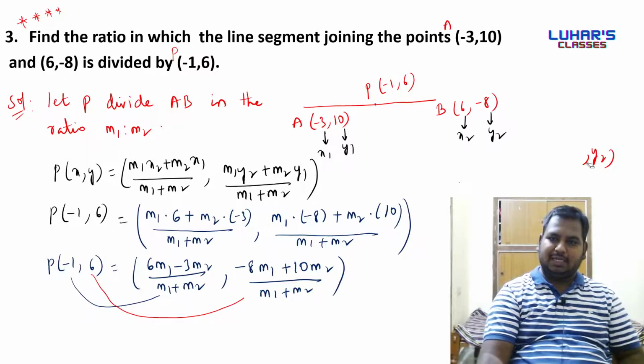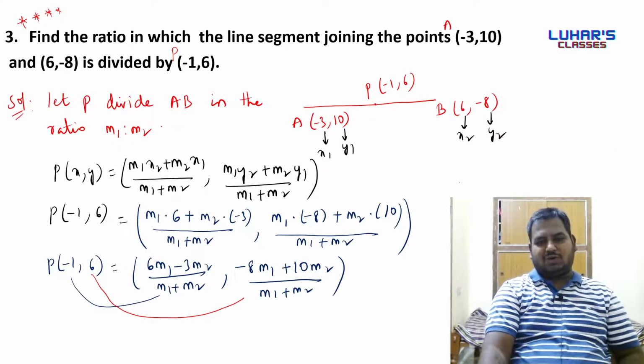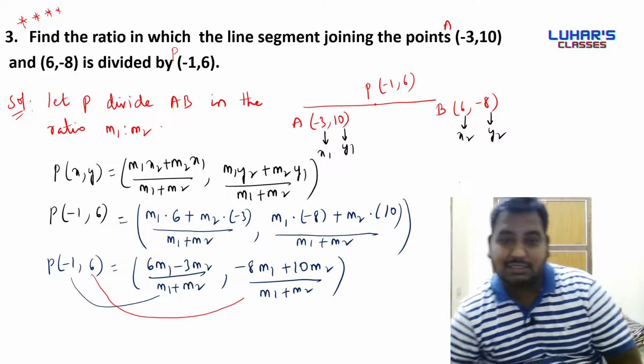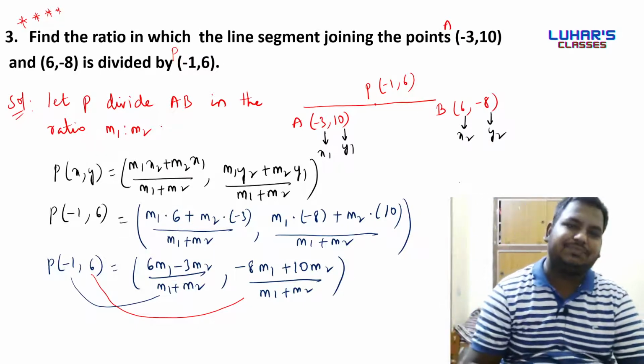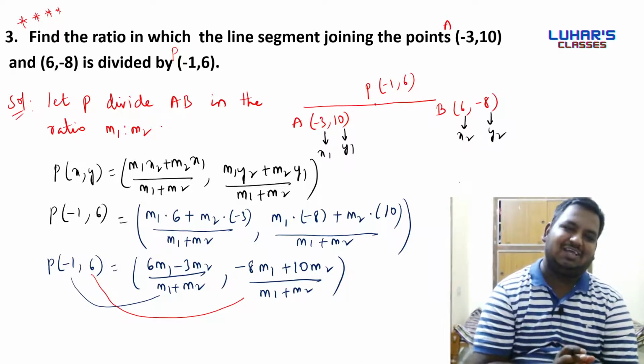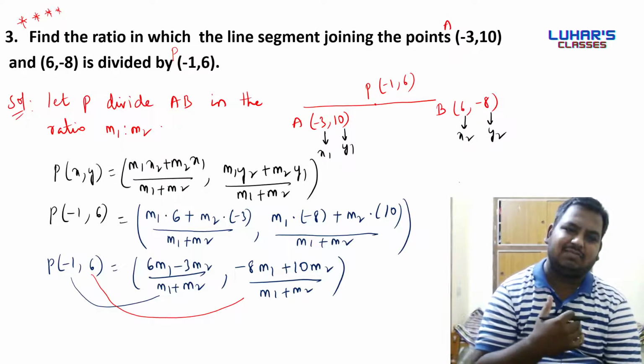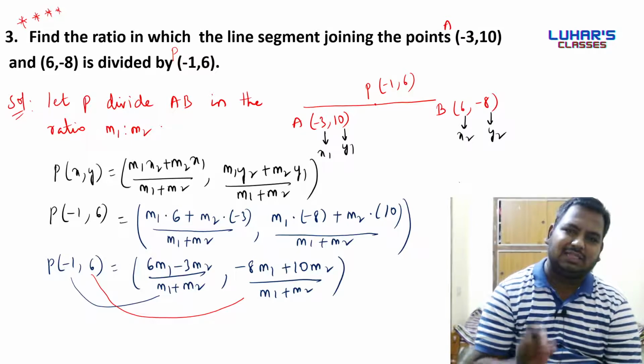So what do you want to do? Do you want to equate x coordinates or y coordinates? Actually, you have to equate both. If you get the same ratio in both cases, then the point P is lying on the line segment AB.